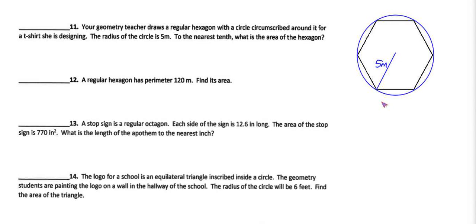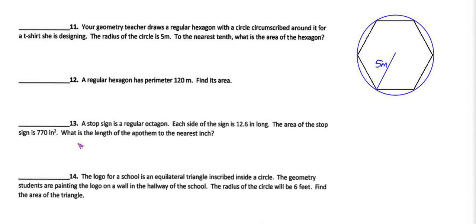And now we can draw in our triangle, drop in the apothem, use our 30, 60, 90s to find the area of the hexagon. Notice on number 12 we're given the perimeter, so you could find a side length, and then given a side length, because it's a regular hexagon, you'd be able to find the area.